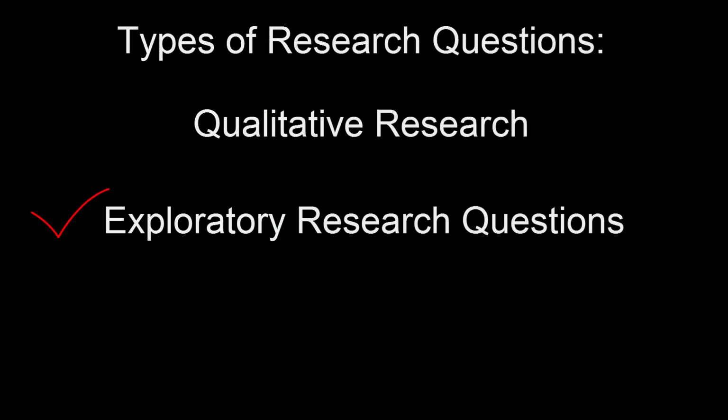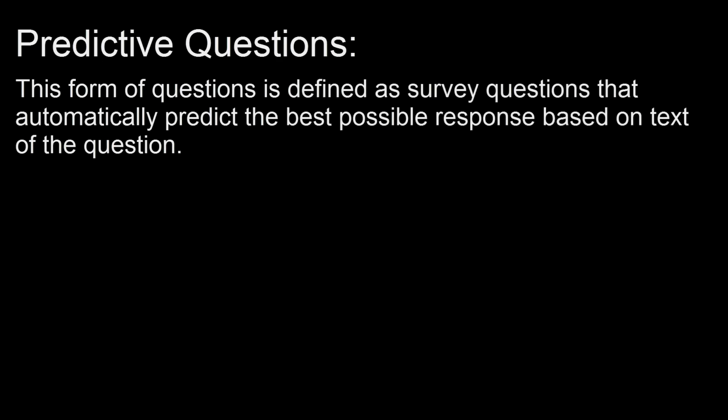The second type of research question is predictive questions. These forms of questions are defined as survey questions that automatically predict the best possible answer based on the question.